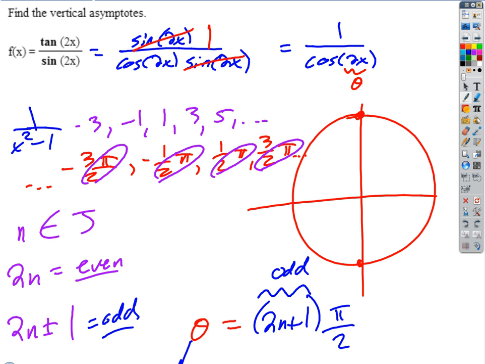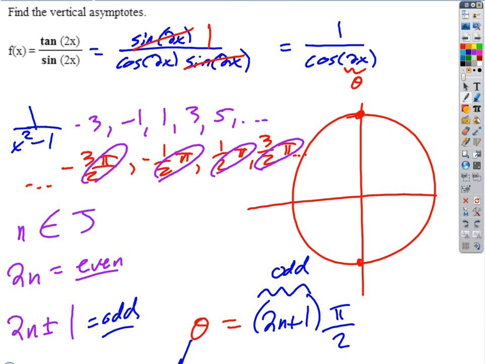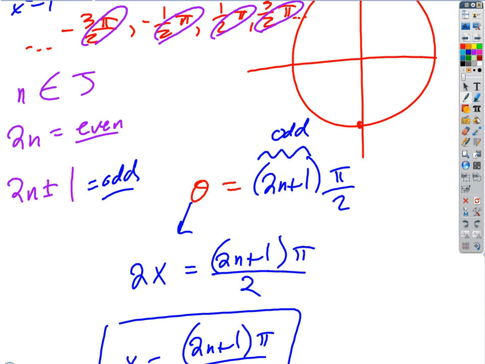But in this case, we had to do an odd multiple of pi halves. So that's the trig condition: where is my angle going to have the right values on the laps of the unit circle. And then, instead of the angle, you plug in the expression in terms of x and solve for x. Okay? That make sense? All right. Moving on.